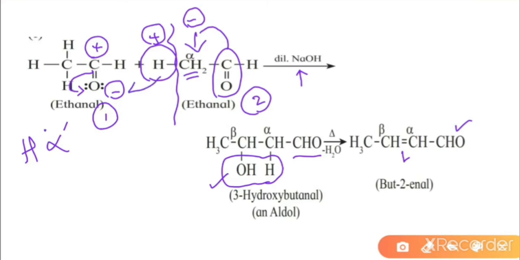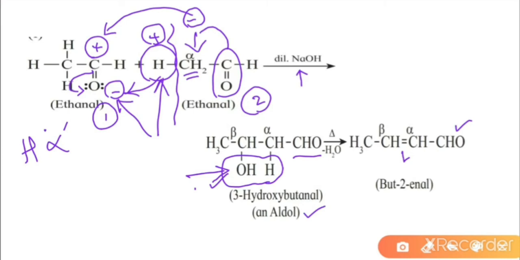So this hydrogen is migrated towards the carbonyl oxygen atom of the first aldehyde molecule. Means the alpha hydrogen atom of the second molecule of aldehyde migrated towards the carbonyl oxygen atom of the first aldehyde molecule and forms hydroxy functional group, and the carbanion is migrated towards the positively charged carbon. In this way, aldol compound is obtained.